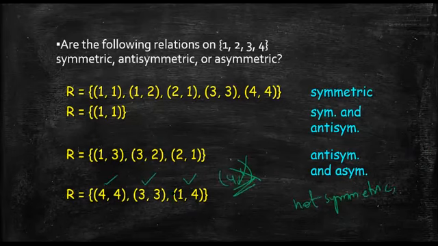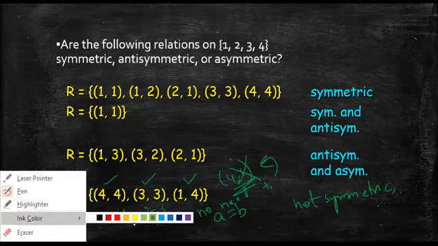What about antisymmetric? 4 comma 4, A is equal to B, 4 is equal to 4, okay. 3 comma 3, A is equal to B, fine. For 1 comma 4, since we don't have 4 comma 1, we don't need to check the property of A is equal to B. No need to check this, because we don't have this element.